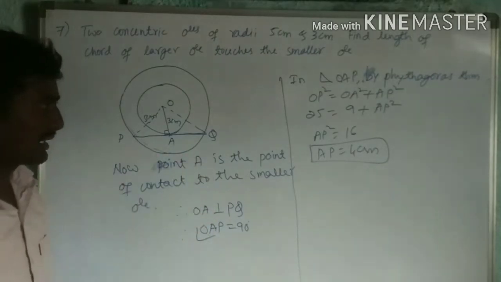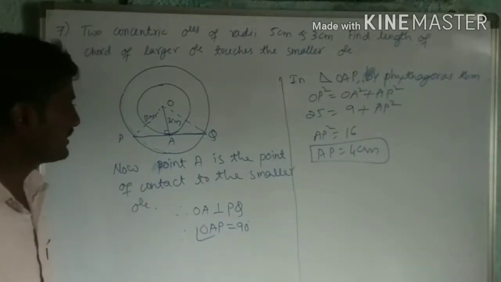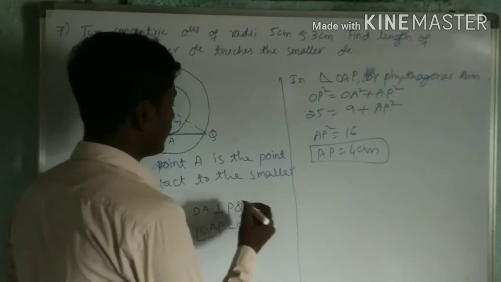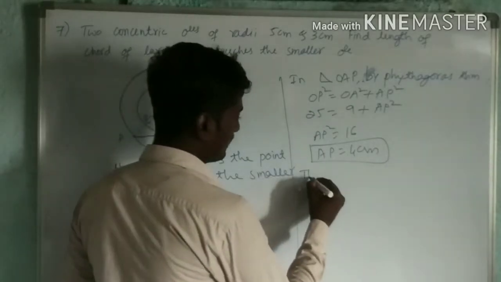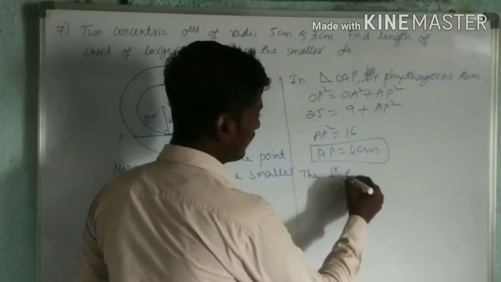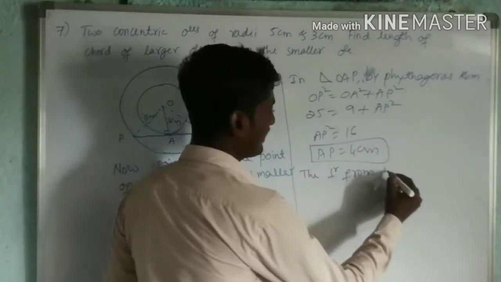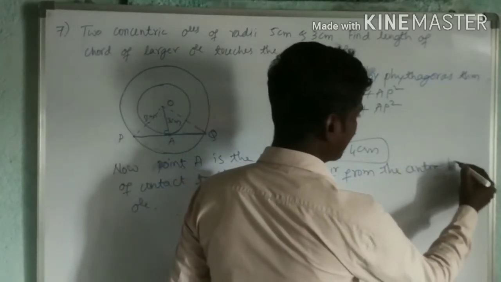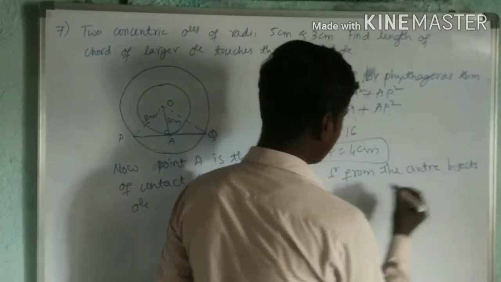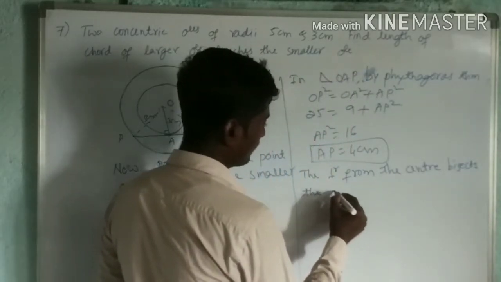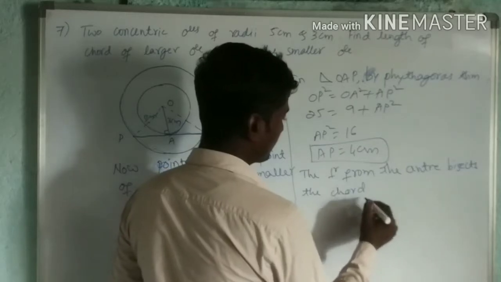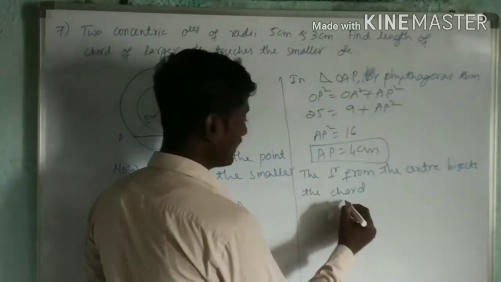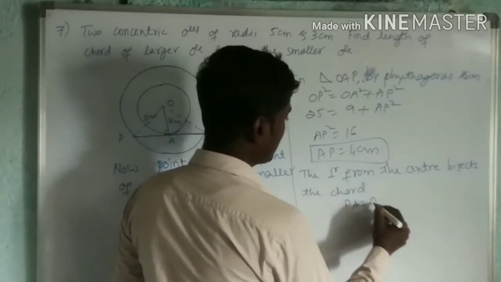So now I will write: the perpendicular from the center bisects the chord. Therefore I can write PA is equal to AQ.